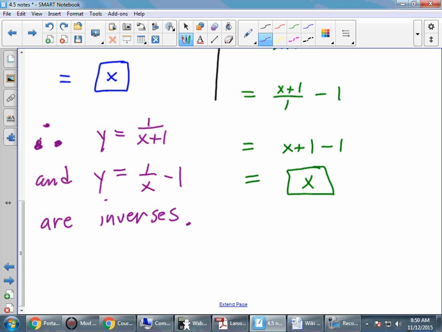Boom. What a happy day. Okay. You know the three dots, therefore, shorthand, get used to it. You'll see it a lot the more you do proofs and stuff. 1 over x plus 1 and 1 over x minus 1 are inverses. That is all. How many minutes did we squander of your valuable time? That's a 10-minute vodcast.